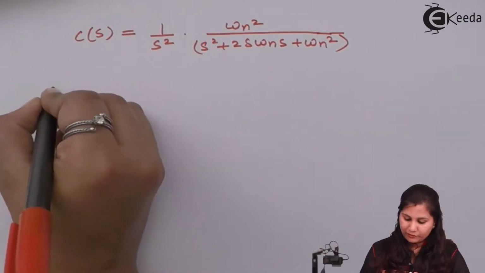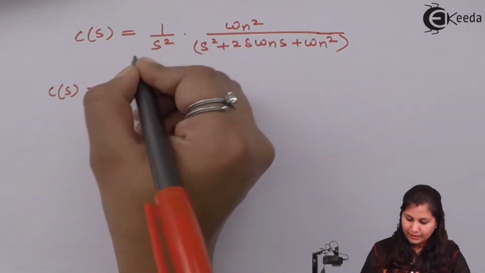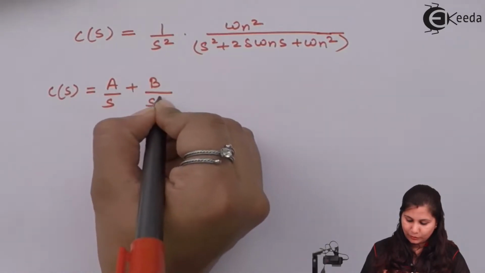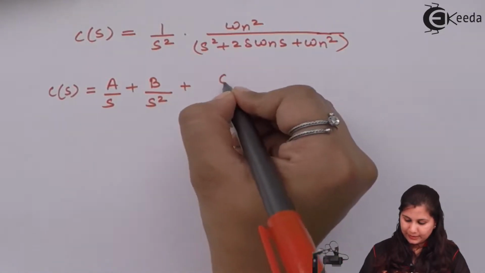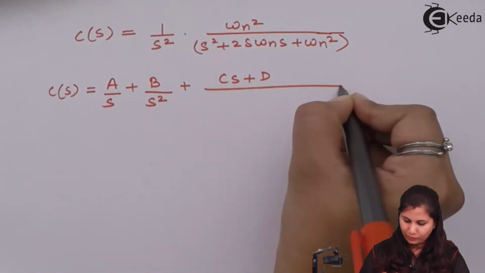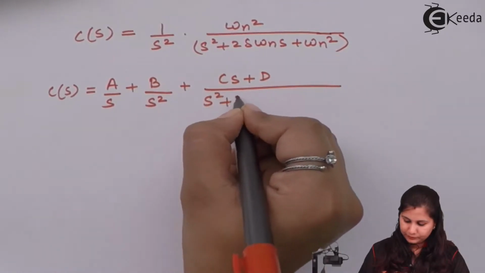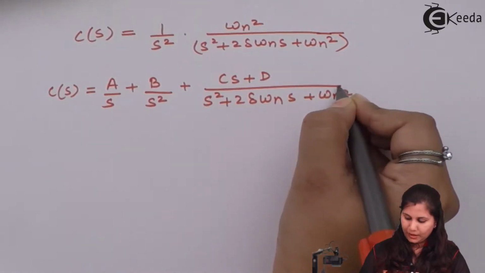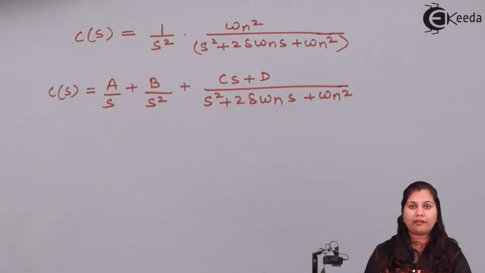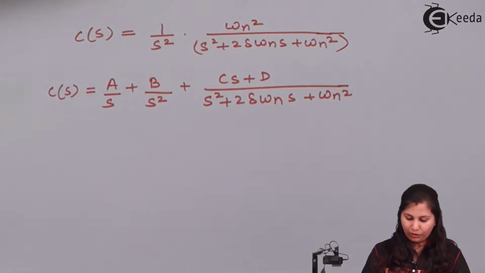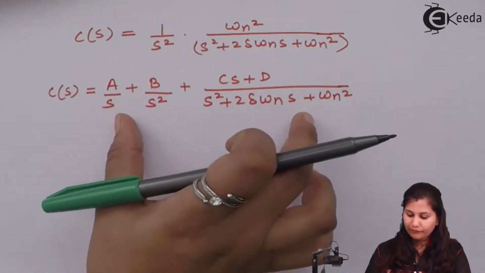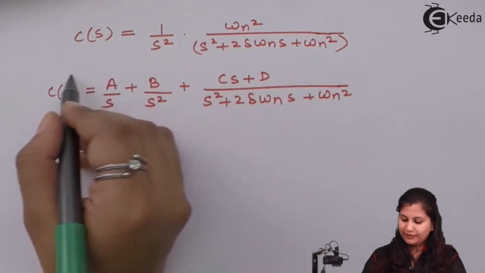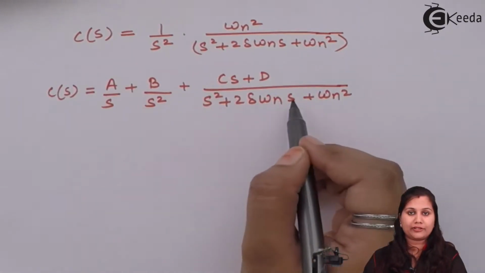Partial fractions will be A by s plus B by s square plus (Cs plus D) upon s square plus 2 delta omega n s plus omega n square. We are going to get the values of A, B, C and D.